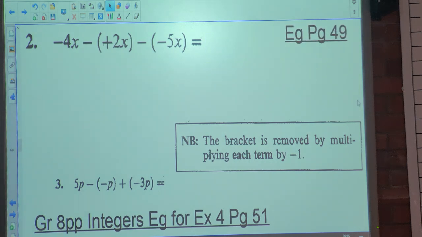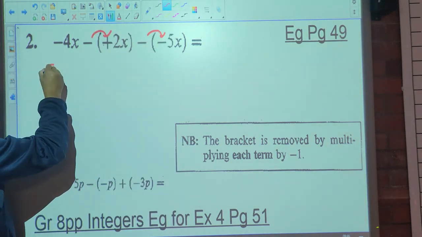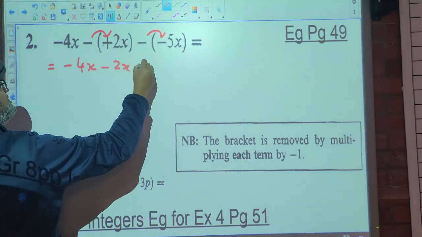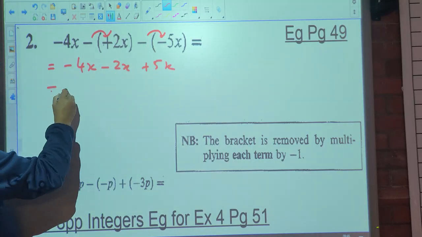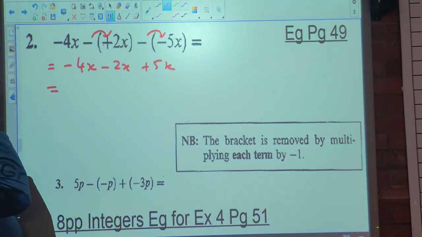Next, we've got negative 4x minus open brackets positive 2x minus open brackets negative 5x. Where do we start? Brackets. Get rid of the brackets. What's positive times negative? Negative. So it's negative 4x minus 2x, negative times negative, positive 5x. What's negative 4x minus 2x? Negative 6x.